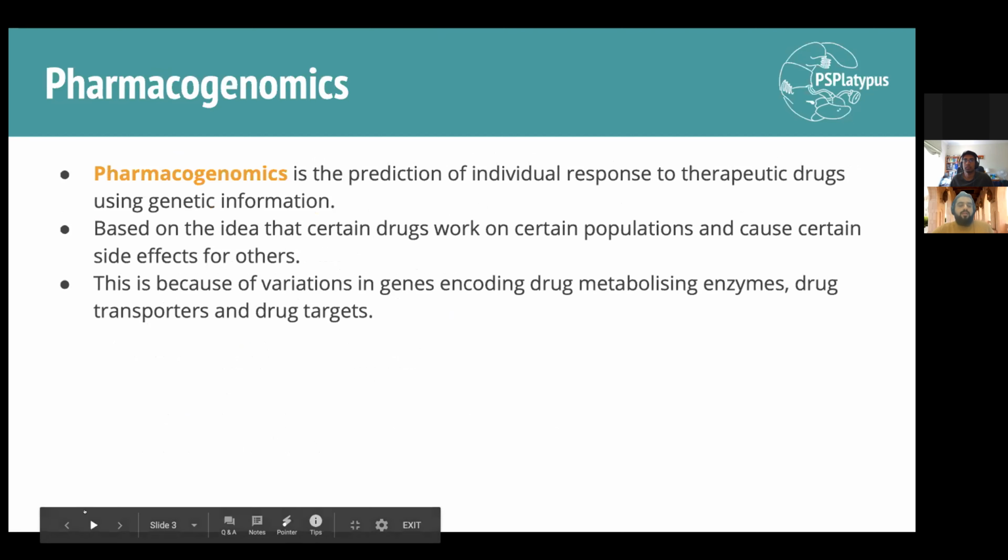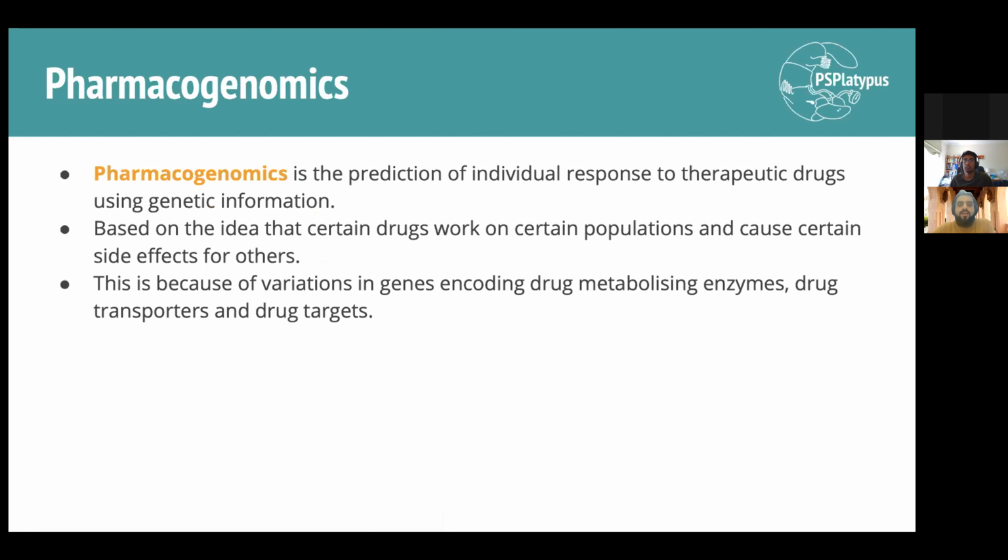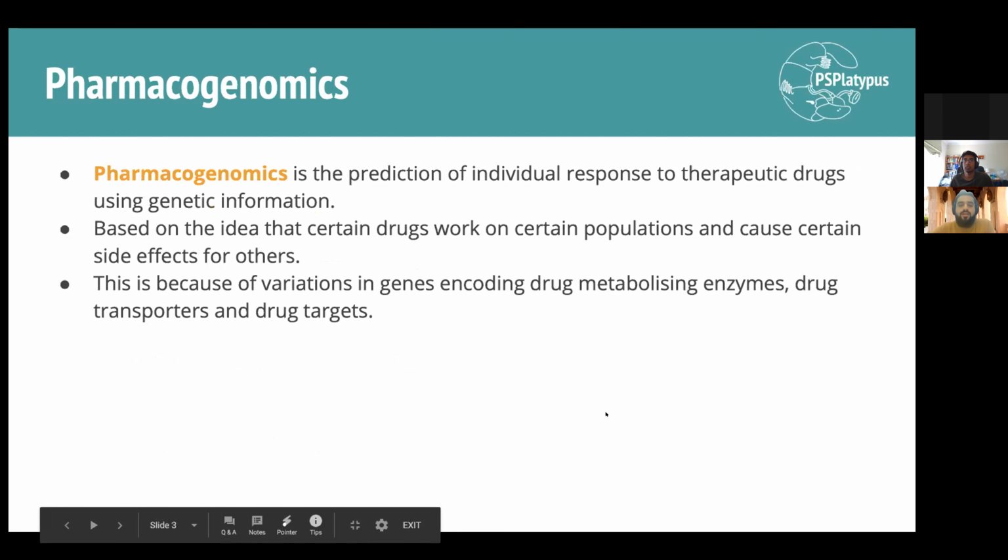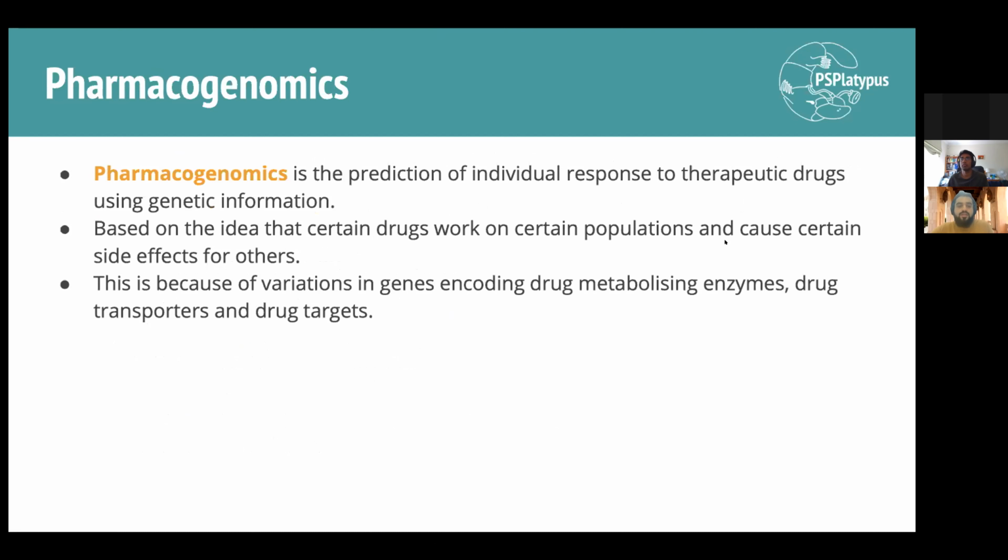One of the applications of genomics is pharmacogenomics, which is a prediction of the individual response to certain drugs using genetic information. So this means like different individuals respond differently to certain drugs.